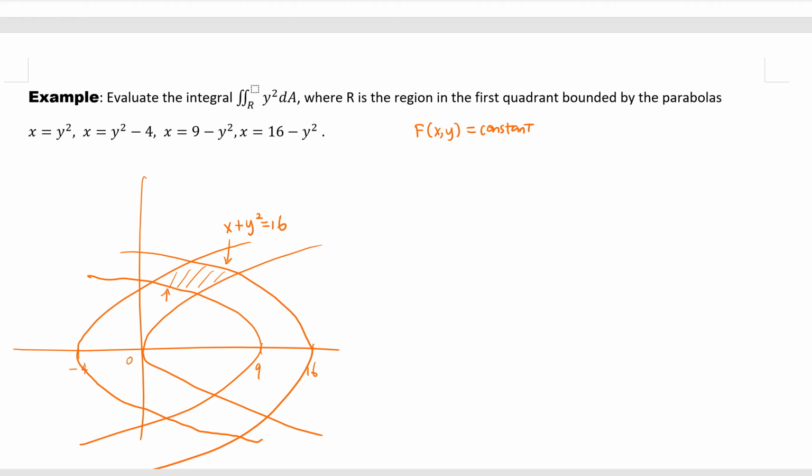Then this guy is x plus y squared equals 9. This guy, x equals y squared, so x minus y squared equals 0. This guy, x minus y squared equals minus 4. So far so good? Do you see the two pairs of functions? Now, how do we set it up?